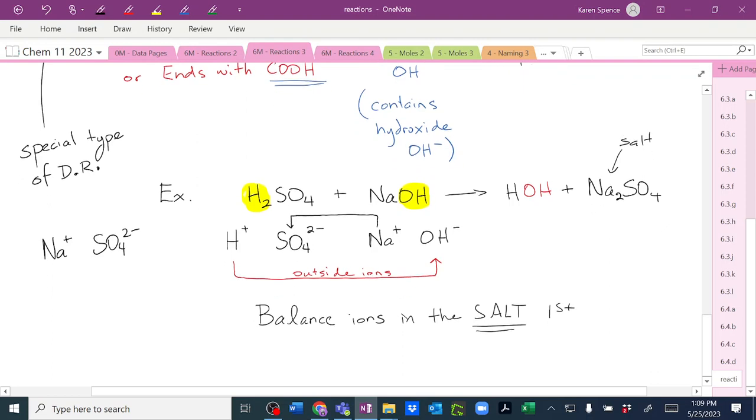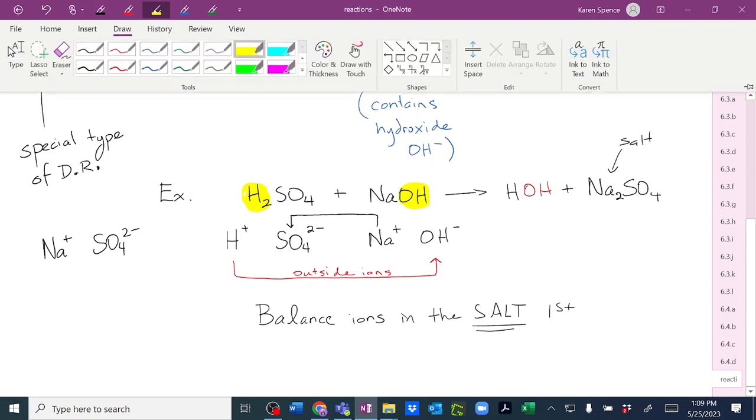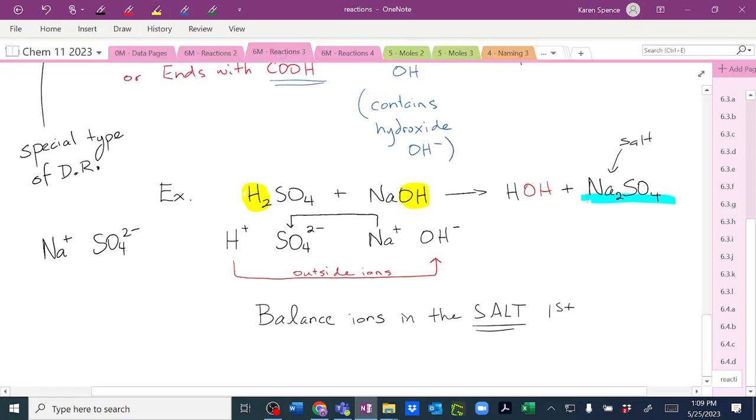So who are the ions in the salt? Here is our salt, and it is made up of Na ions and SO4 ions.